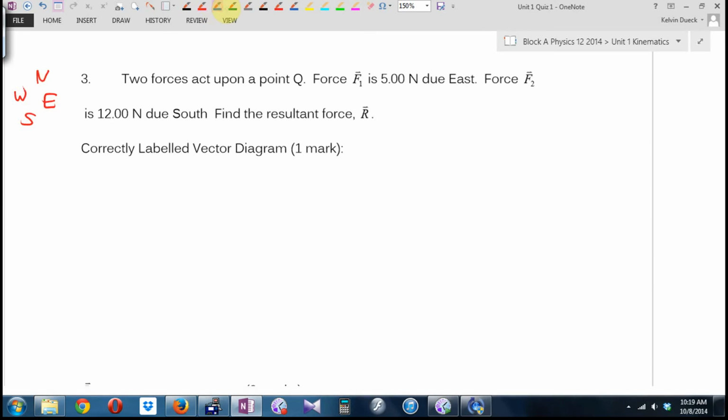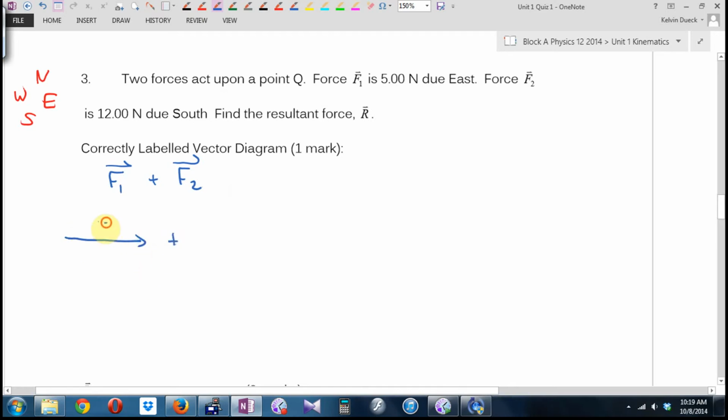Okay. So we want to add force 1 plus force 2. Let's draw this. 5 due east, plus 12 due south. I guess a little more than twice as long as 5 to get to 12.